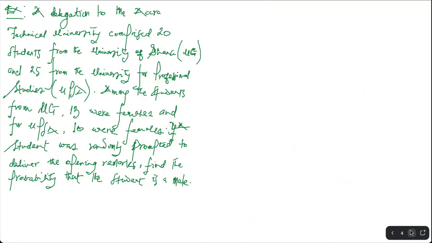Among the students from UG, 13 were females and 10 females also came from UPSA. If a student was chosen at random to deliver the opening remarks, what is the probability that this particular student is a male?